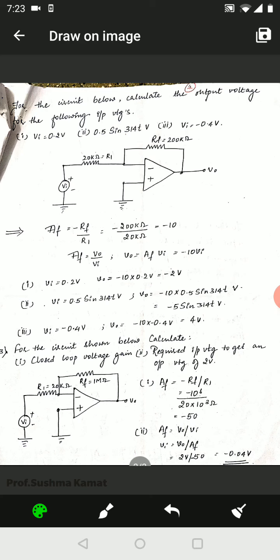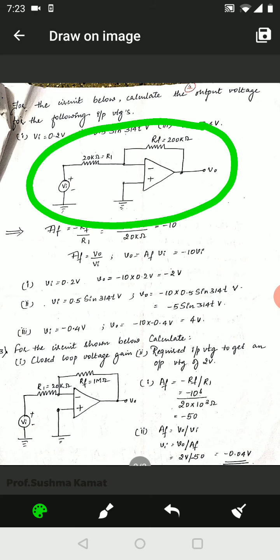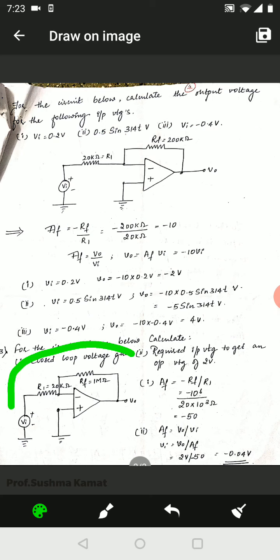The previous numerical, they had mentioned the picture already. In this numerical also, they have mentioned the circuit diagram already. In the circuit diagram, when we see Vi value is missing, it is not given. Value for R1 is given, value for RF is given. Let us now calculate the value for AF using RF and R1. We know the formula already.